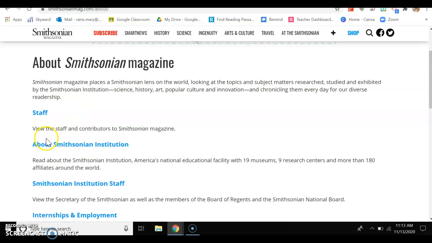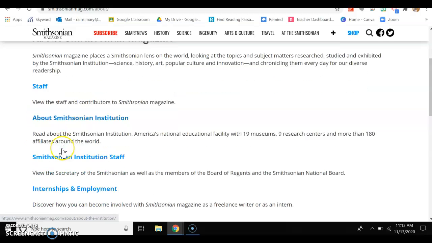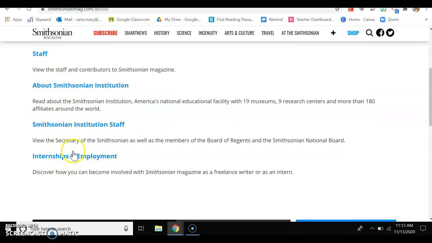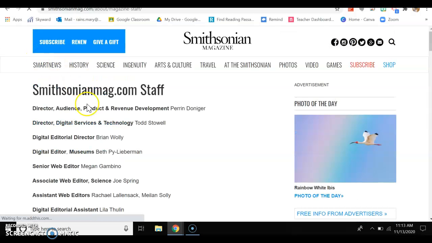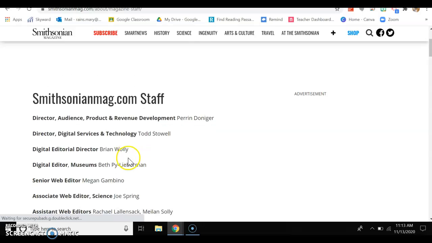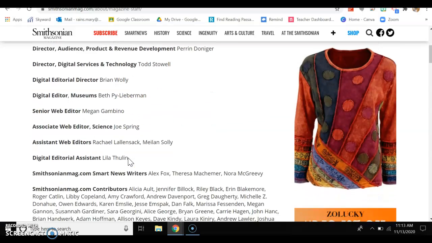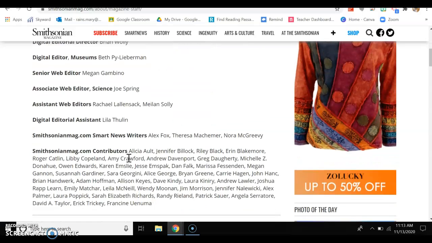If I was going to scroll through this and see what it has to tell me, I would want to go to the staff, because somebody had to write this article. And so this is the staff or contributors. And as I was going through this, it's still very unclear who actually wrote it.